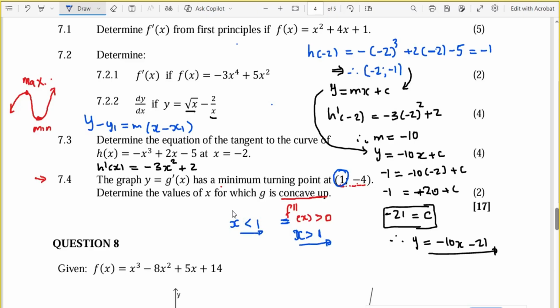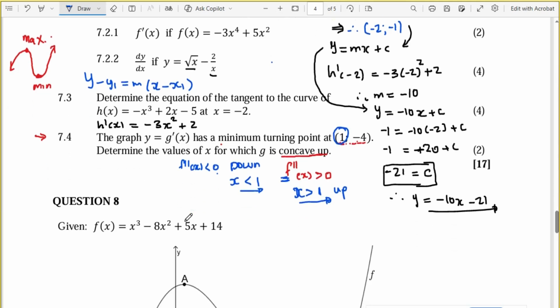So this one is for concave down, and this one is for concave up. You just have to understand that for concave up the second derivative should be greater than 0, and for concave down the second derivative should be less than 0. Are you happy with that?